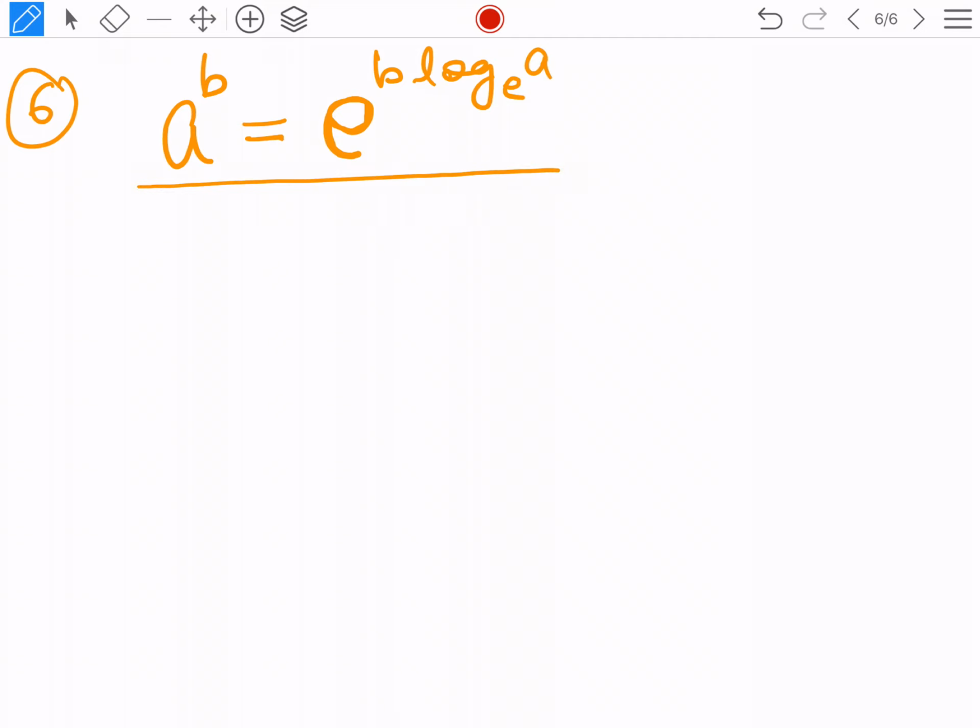Suppose we want to prove it, how is it possible? Let e to the power of b log a be equal to x.